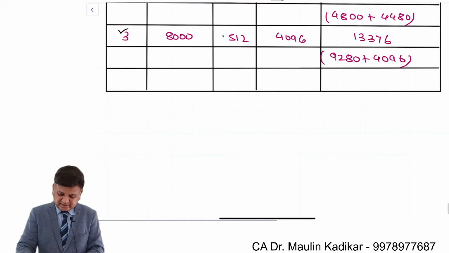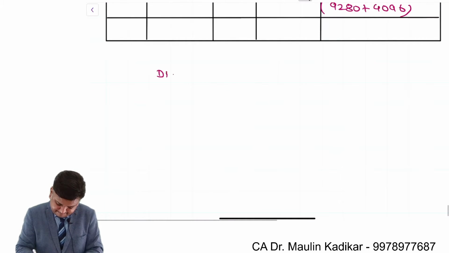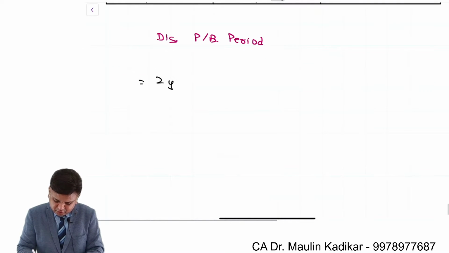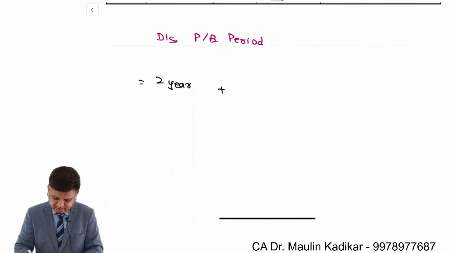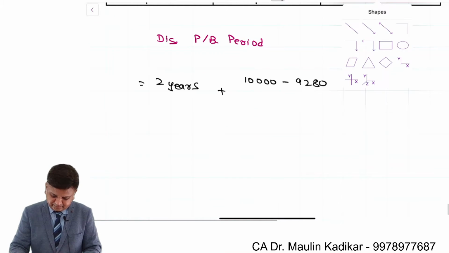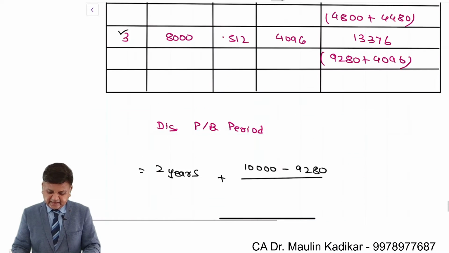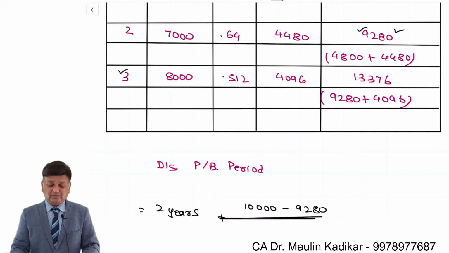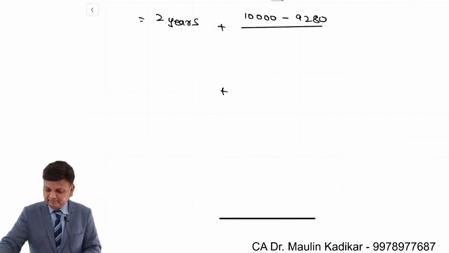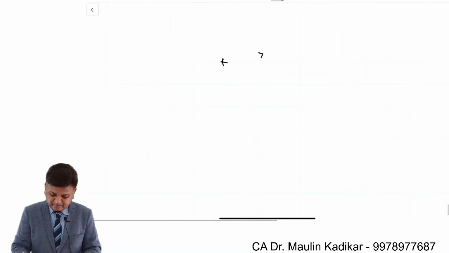So now we understand that the discounted payback period is calculated as 2 years plus 10,000 minus 9280, because by end of year 2 we have been able to recover 9280. So 10,000 minus 9280 is indicating 720.